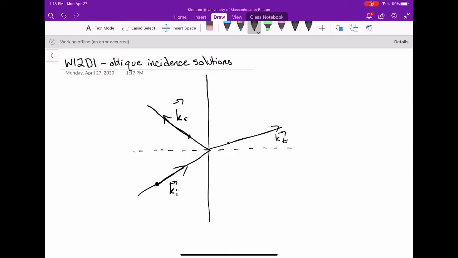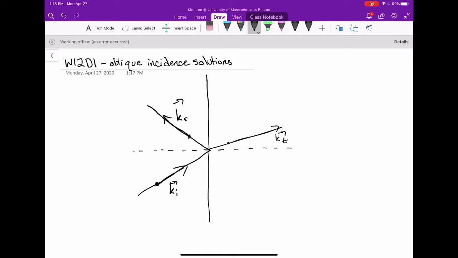And we didn't talk about the polarization of the electric or magnetic fields because the solution is different depending on whether we choose parallel polarization or perpendicular polarization.